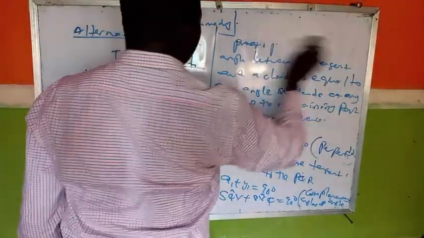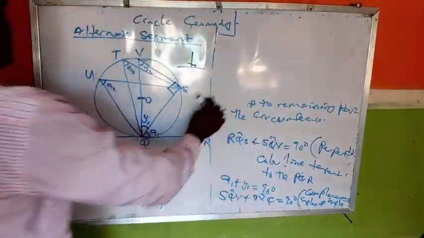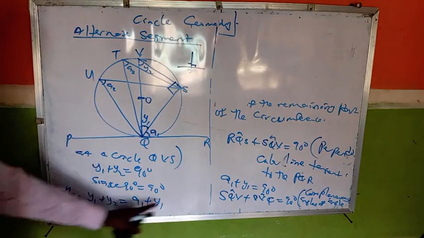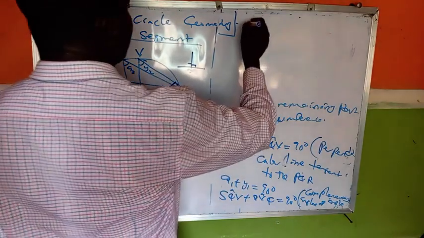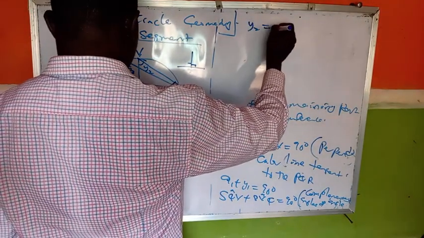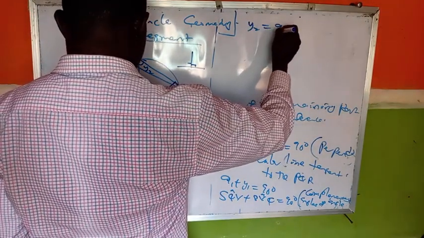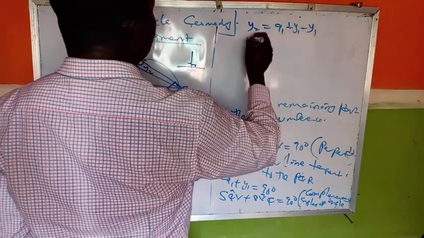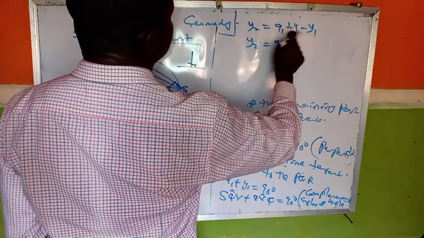If you take y1 to the other side, you have y2 equal to A1 plus y1 minus y1, and this minus this is 0.